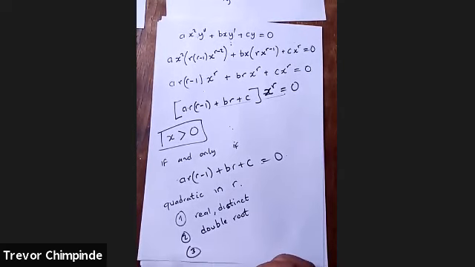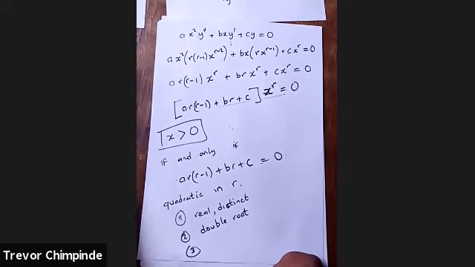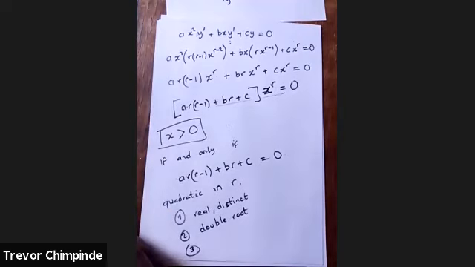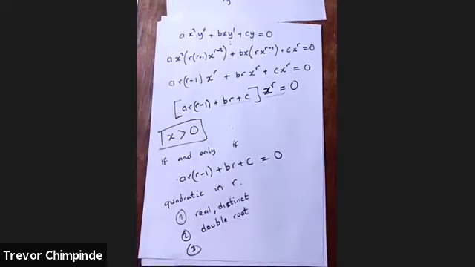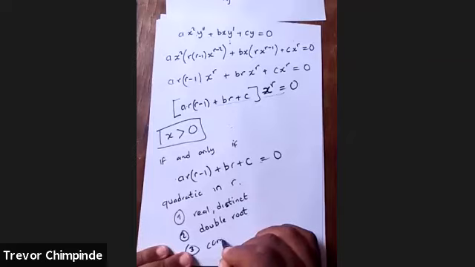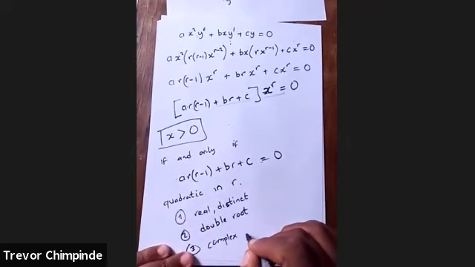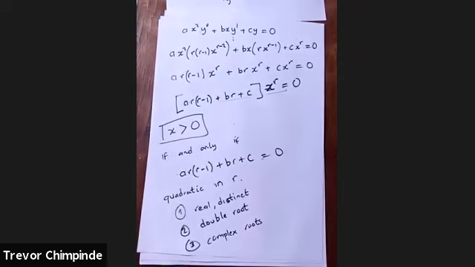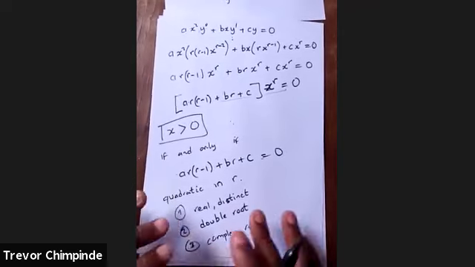And the third possibility is what? What do you think is the third possibility when you're solving a quadratic equation? Complex roots. Thank you very much. So you've got two different complex roots. The good part is they are conjugates of each other.